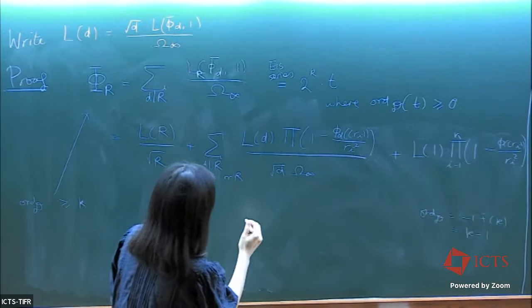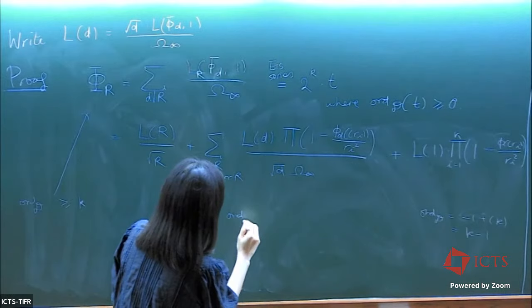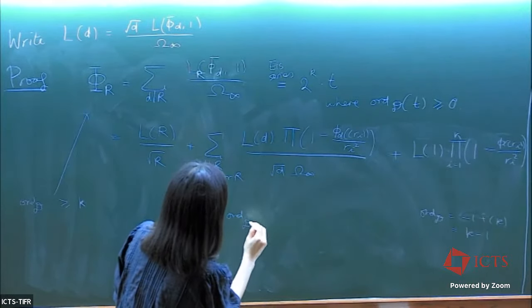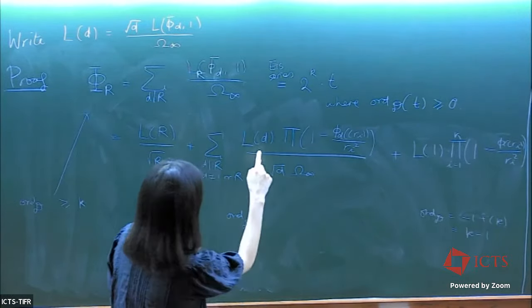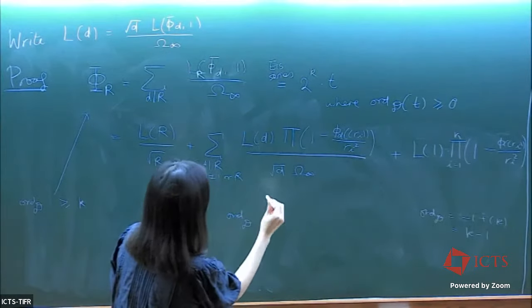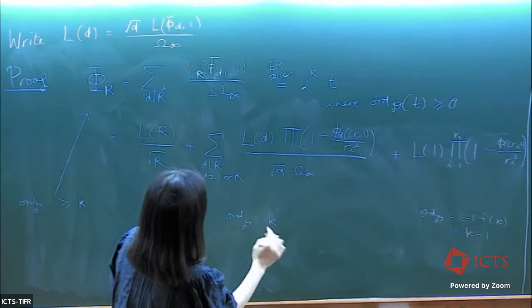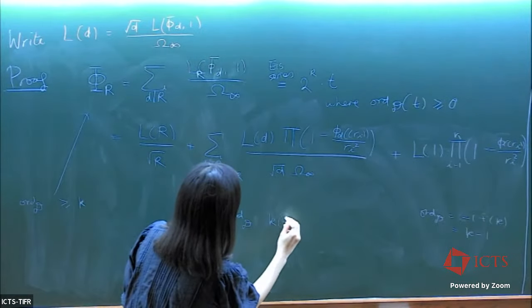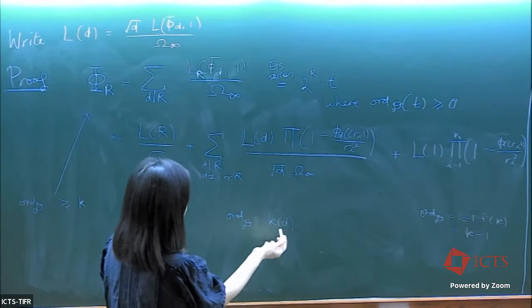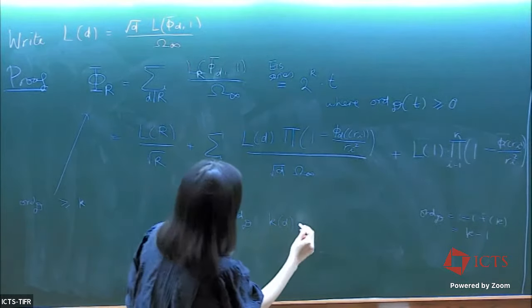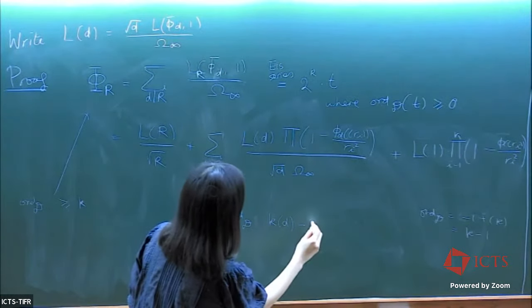So here, by the induction hypothesis, this has valuation k_D, the number of distinct prime divisors of D, minus 1.